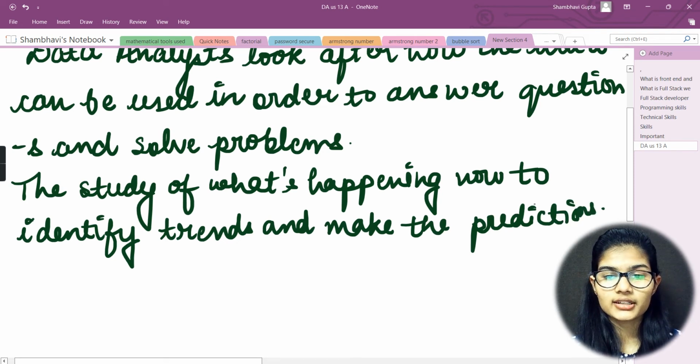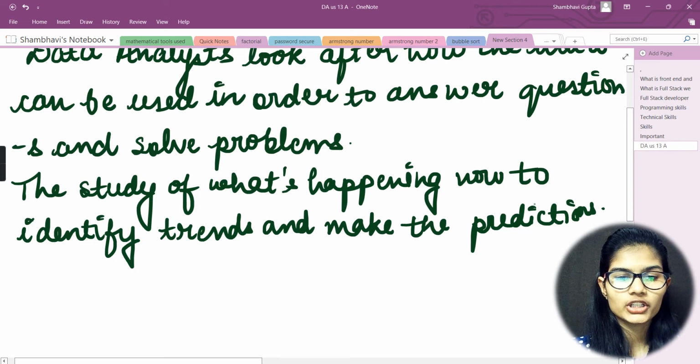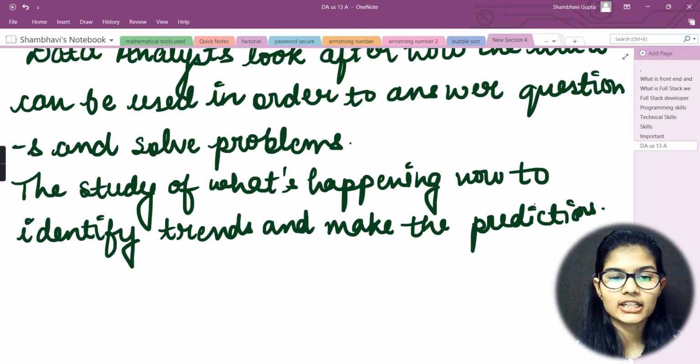This is what comes under the data analyst as well: they study what's happening right now, and they try to identify the trends and make predictions based upon the trends, about what is currently growing and how things are relating to each other.